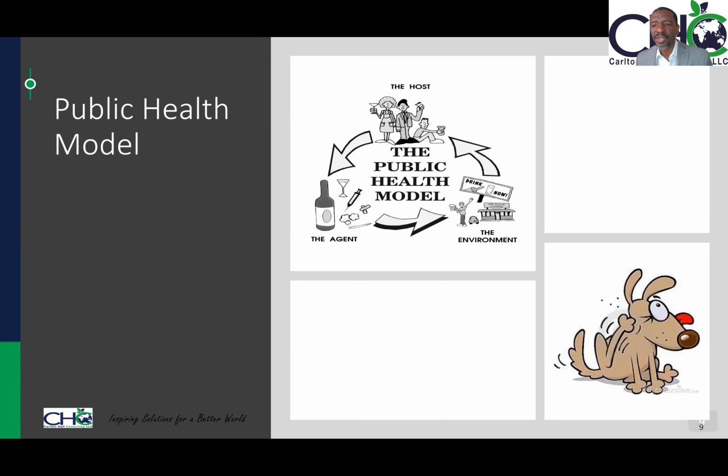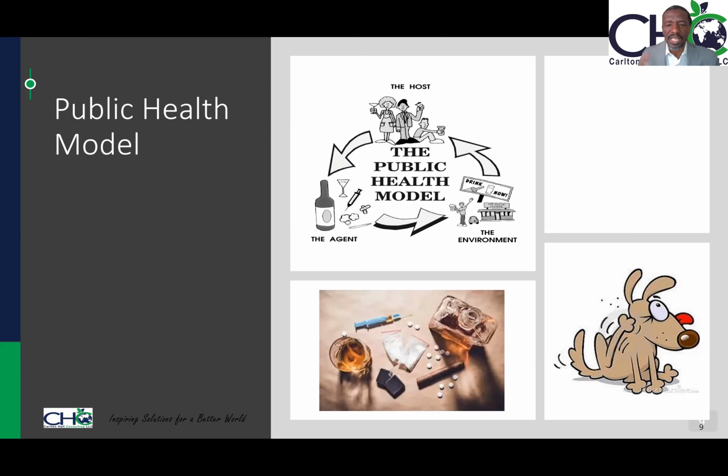In our dog scenario, the fleas are the agent and the dog is the host. But unless you also took care of the environment, you might have washed that dog thoroughly, but if you put him back into a flea infested doghouse, you would still have a problem, which is why we need to address both individual based and environmentally based strategies, as we're going to discuss.